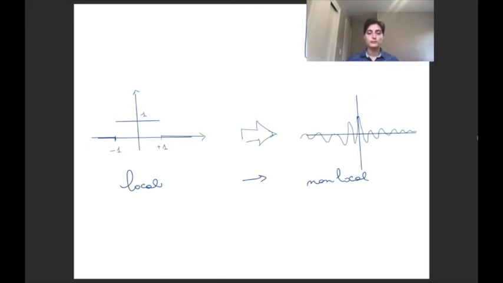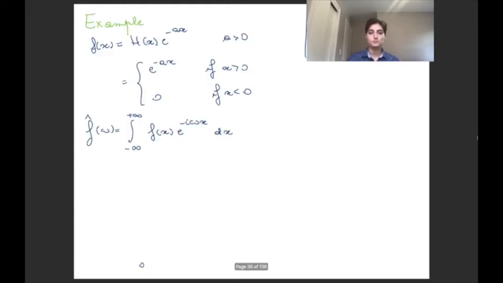This is going to be fairly normal in Fourier transforms, that we're going from local to non-local or from non-local to local information. And this is one of the interesting tricks that you can apply when looking at Fourier transforms. One side is usually much easier than the other, and that's what we are trying to exploit as best as possible.